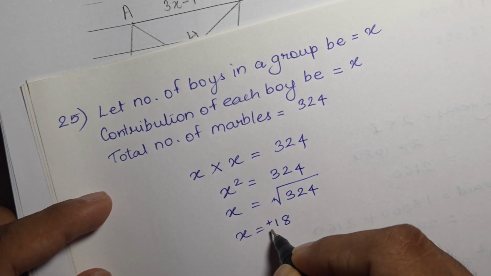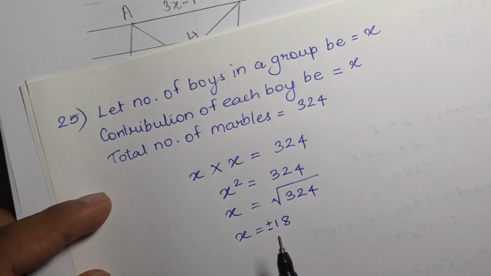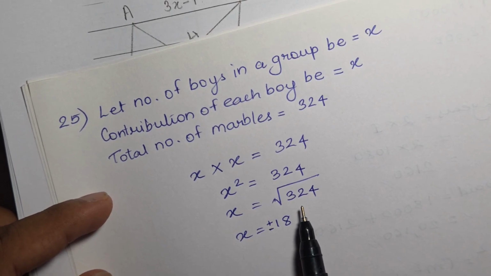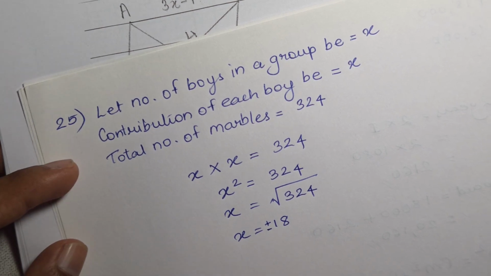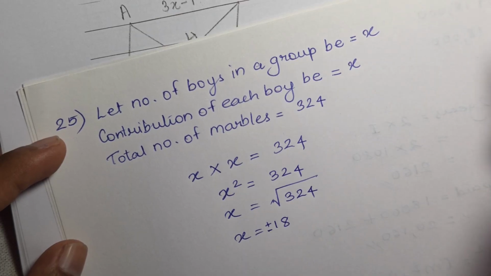Always remember, root will always give you plus or minus. But if you have written just 18, it is not wrong. But this is for your information that anytime you find root, the answer is always plus or minus. Therefore, how many boys were there in the group?